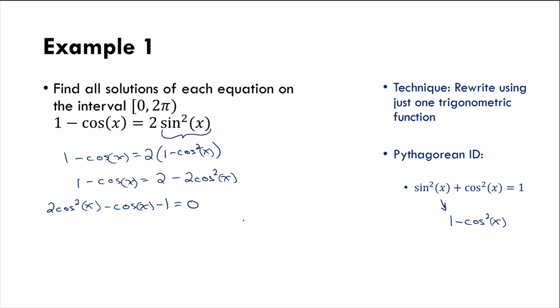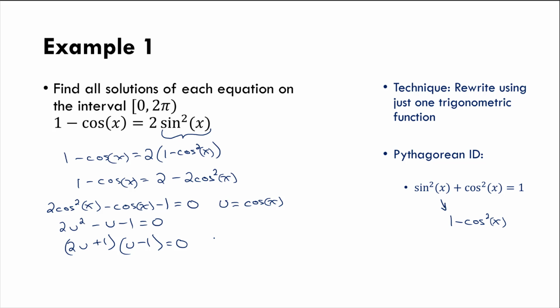Well, we've seen this before, and we know we're going to have to use some sort of substitution. So I'm going to set up this variable u, where u is equal to cosine of x. Then I'll have 2u squared minus u minus 1 is equal to 0, and that factors into 2u plus 1 times u minus 1 is equal to 0.